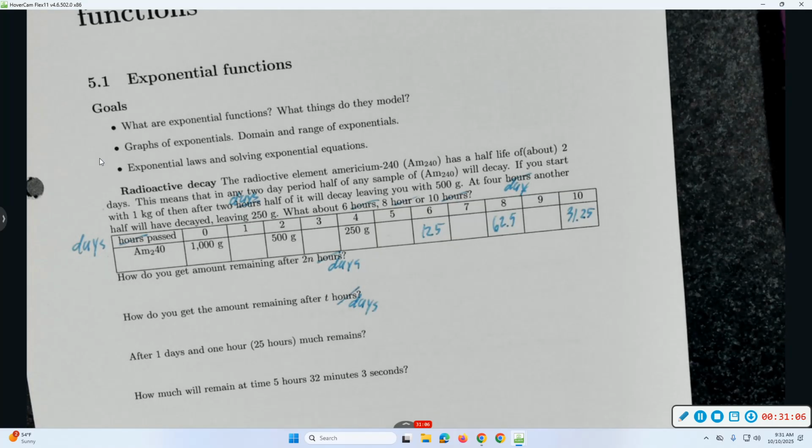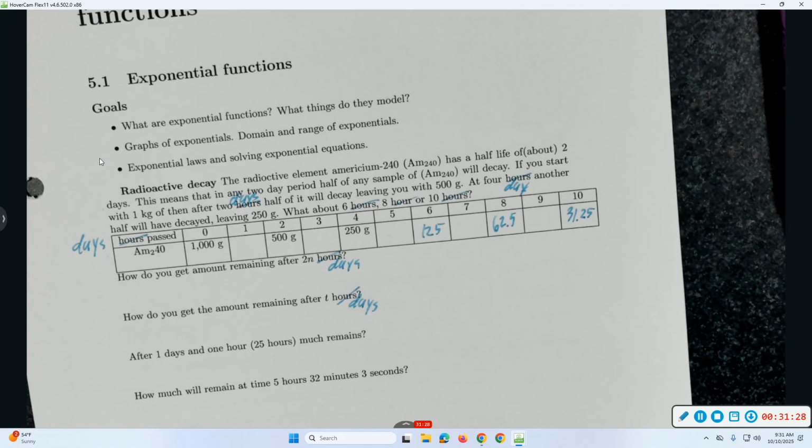In general, if I tell you that I have waited an even number of days, so 2n many days, how do you determine how much of the substance should remain? Let's see, when you waited 2 days once, you divide by 2. When you wait 2 days twice, you divide by 2 twice.